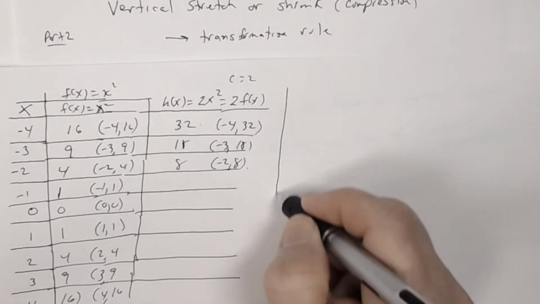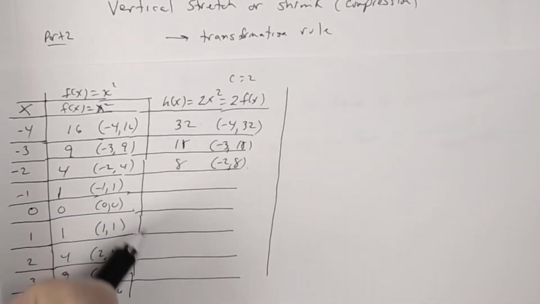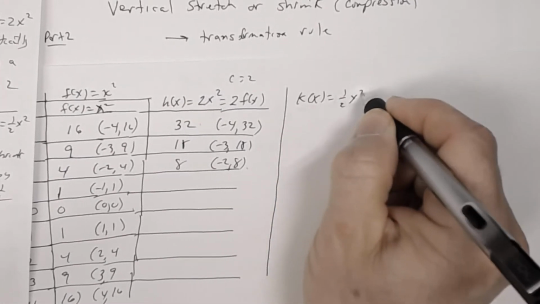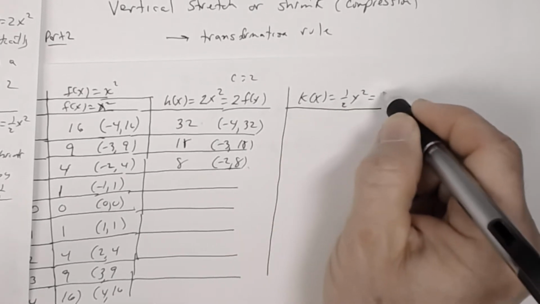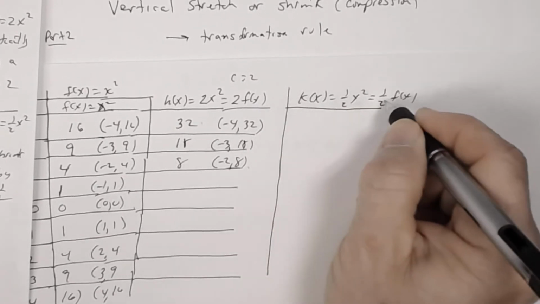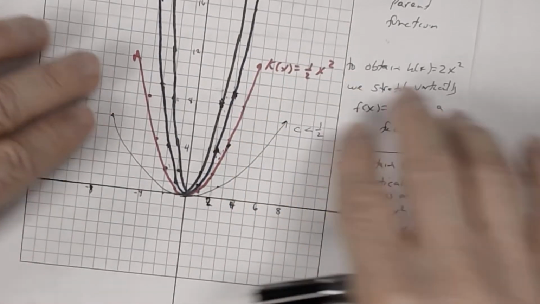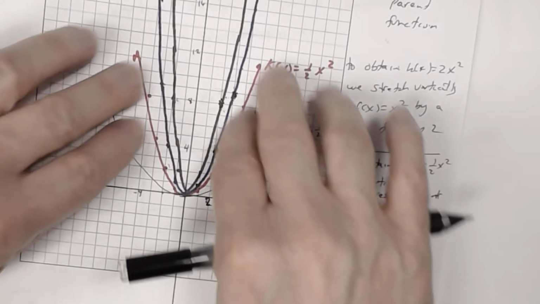So if I go to the next one, which was k of x, 1/2 x squared, which is the same thing as 1/2 f of x. Notice this time c was 1/2, so that's where we had that vertical compression.